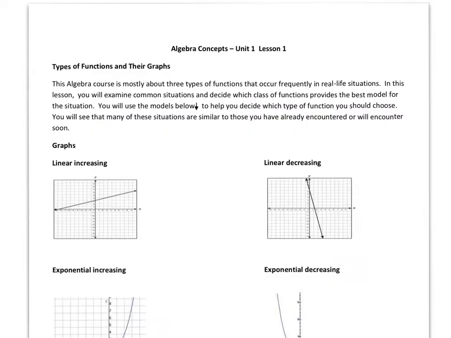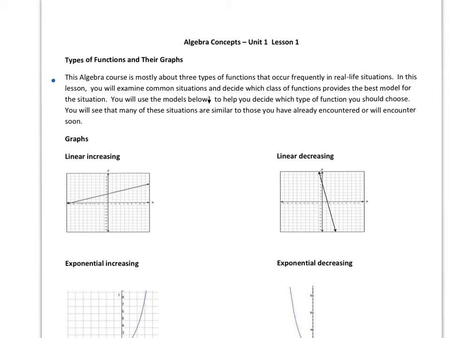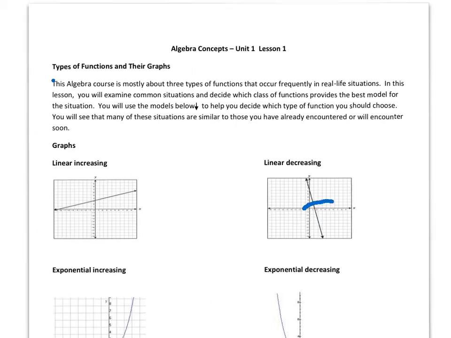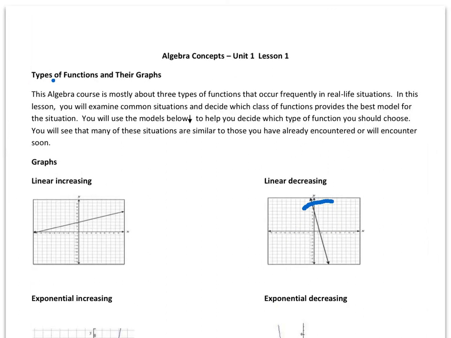So let's just read what we have here for our intro paragraph. It says, this algebra course is mostly about three types of functions that occur frequently in real-life situations.